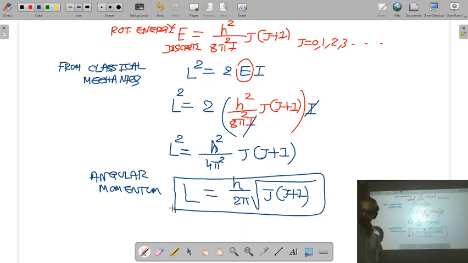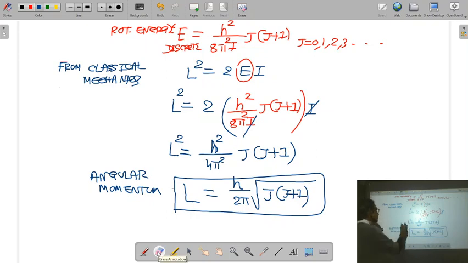This equation gives the discrete values of angular momentum of the rotating molecule. According to this calculation, the angular momentum of the rotating molecule is h upon 2 pi under root J plus 1, and this result agrees with the quantum mechanical result also.